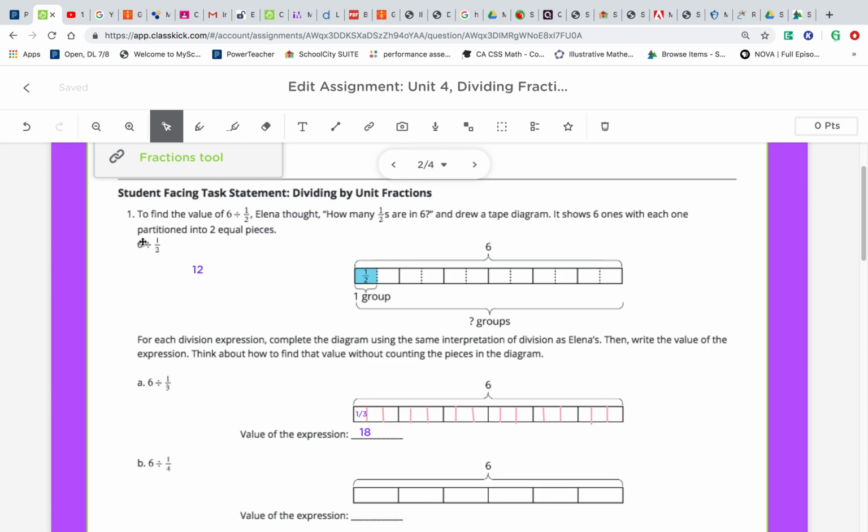Look at this. Do you see something here that she could have done to get 12? Do you see where she could have taken 6 and multiplied it by the denominator? 6 times 2, that's 12. 6 times 3, that's 18. What do you think is going to happen here? It's going to be 6 times 4, and we know that is 24.